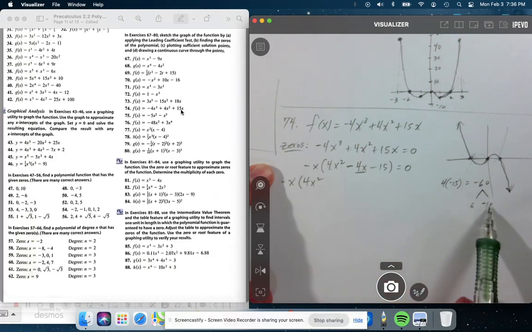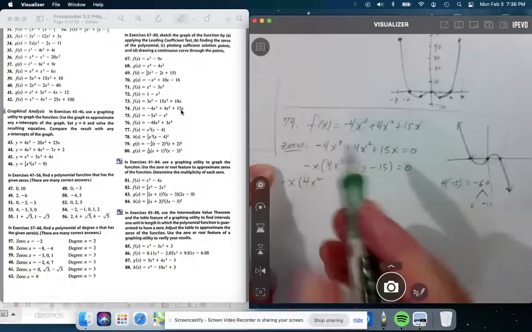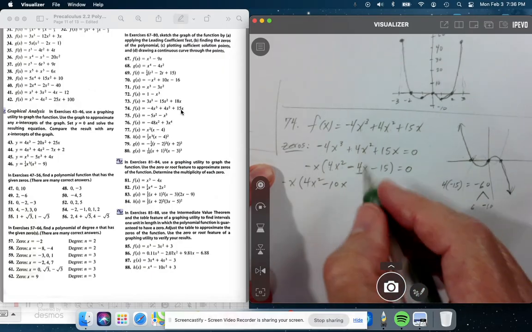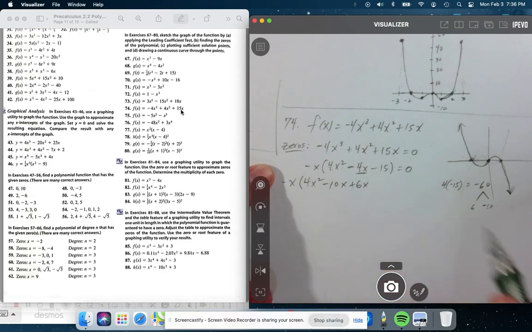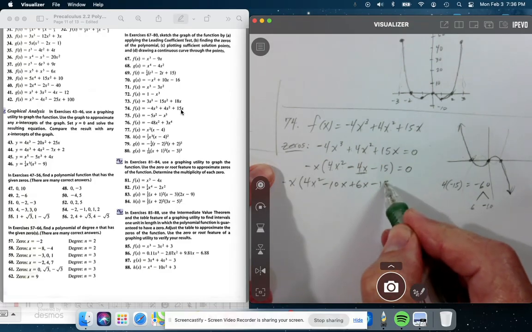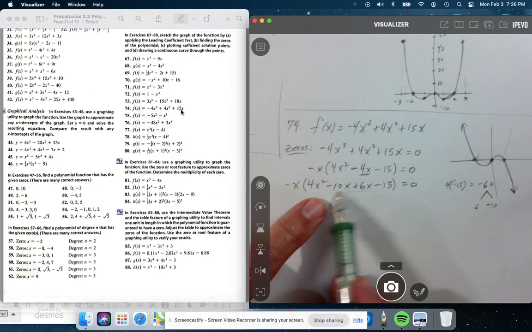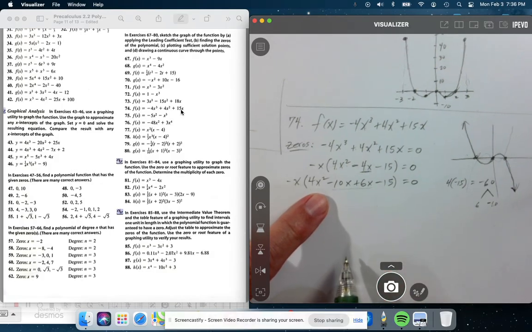You could do it either way, but you're less likely to make mistakes if you have a negative to go ahead and put it here. And then the next one will be the plus 6x minus 15. So notice that when you add these two up, you get that, right? So I've still got the same value here.